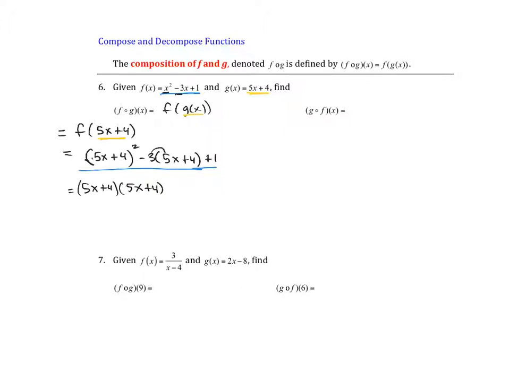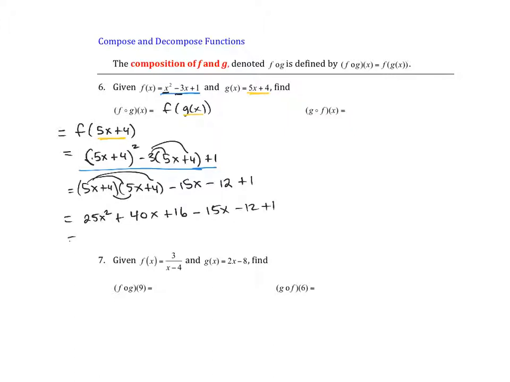And then distributing your negative 3, we would get negative 15x minus 12, and then copy down that plus 1. So we get 25x squared when we're distributing here, and then plus 20x plus another 20x, so that'd be plus 40x plus 16, and then copy everything else down.